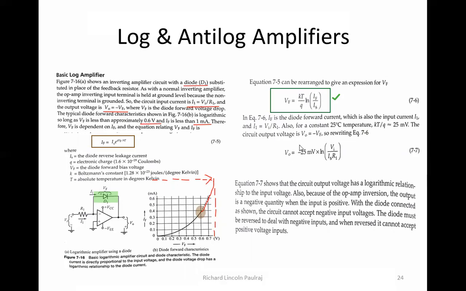So you can see that we are taking a constant of about 25 degrees centigrade. 25, 26 is taken to be normal room temperature.